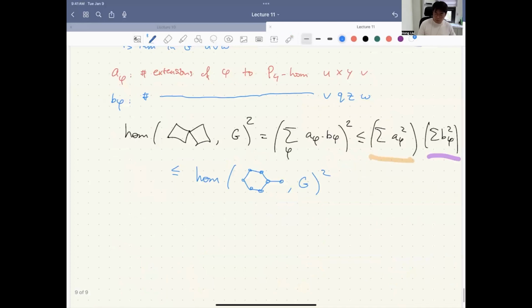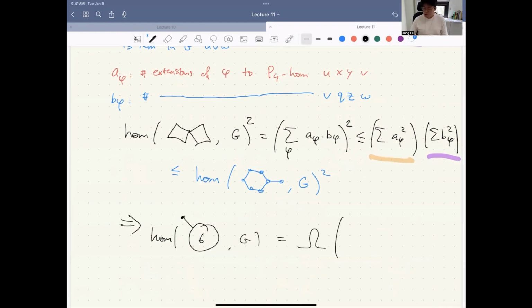This implies that the number of homomorphisms of this C6 with a pendant edge in G is at least some constant factor, a positive fraction, of all C_2k homomorphisms in G. Okay.